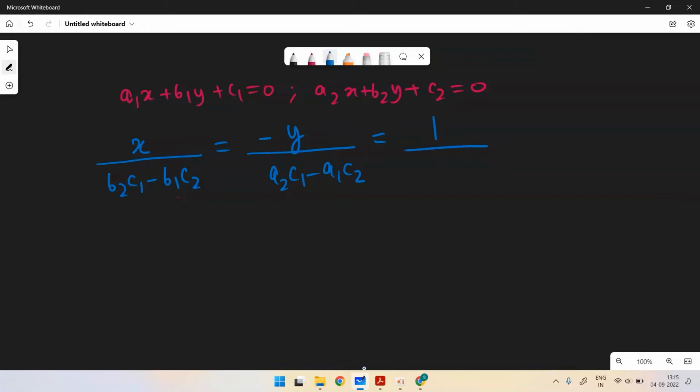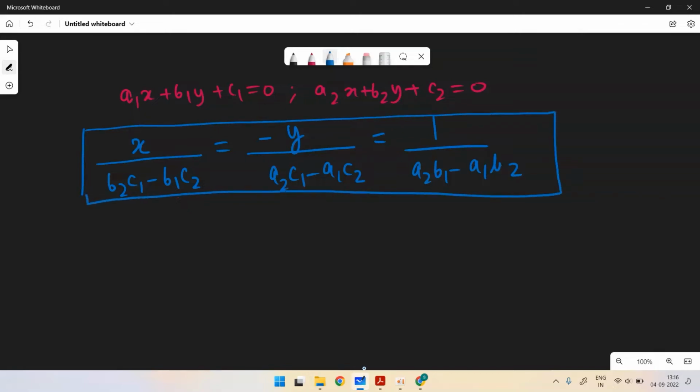Here the c part will be gone, and a1 a2 b1 b2. So a2 b1 minus a1 b2. This is a formula to remember, to calculate directly by seeing an equation. So this is your main formula.